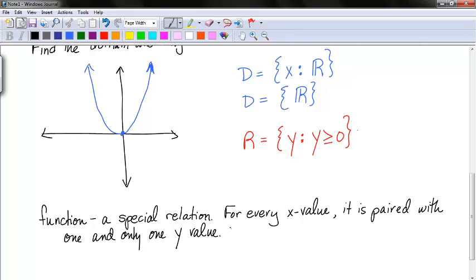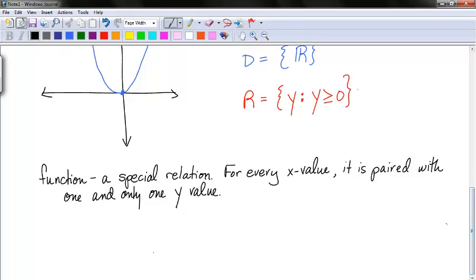For every x value, it's paired or mapped with one and only one y value. And let's look at some examples.